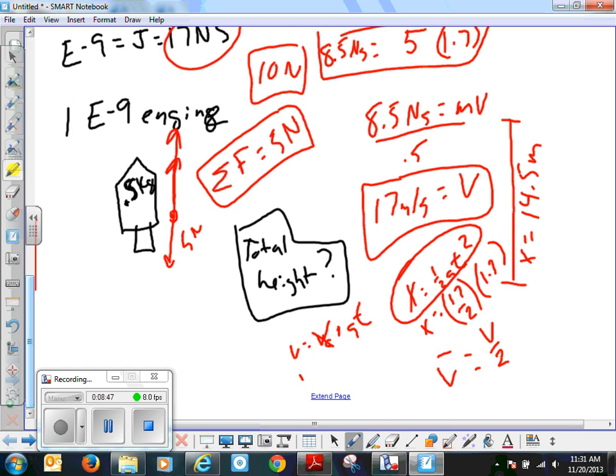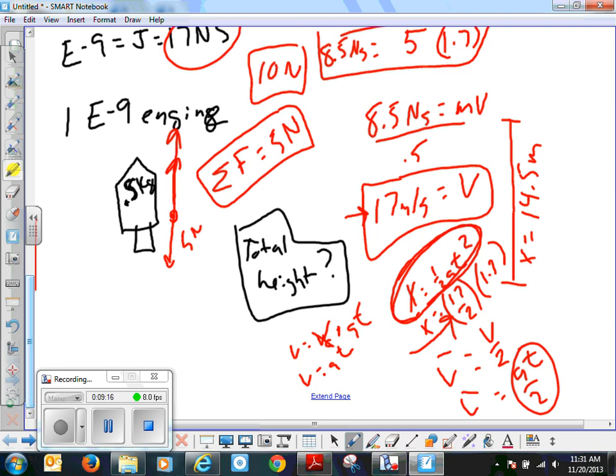So v equals at. So then your average velocity equals at over 2. So that's why I said this formula, but in my head I'm thinking average velocity, which I end at 17, start at 0, my average velocity is 17 divided by 2. Okay? So it's been a while since we talked about that, but that's where that formula comes from.